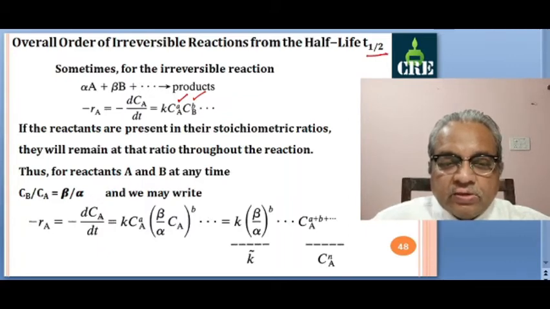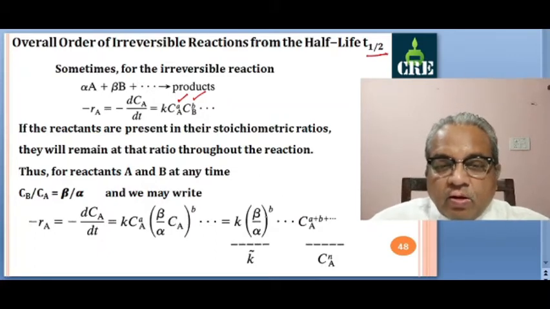So we can write minus dCa by dt is equal to K Ca raised to a, and for Cb we can write beta by alpha into Ca, so beta by alpha into Ca raised to b. This is nothing but Cb raised to b. I have substituted for Cb from this relationship. So Ca raised to a and Ca raised to b, this we have combined: a plus b, say n is the overall order, Ca raised to n.